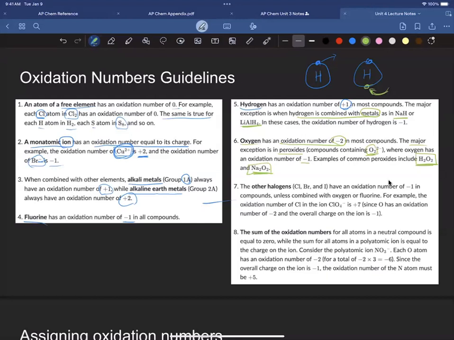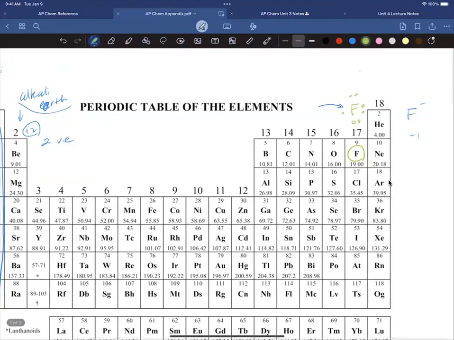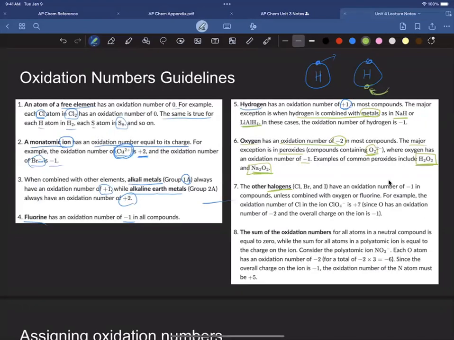Okay, now the other halogens. Halogens are group 17, right? They all have 7 valence electrons. The other halogens have an oxidation number of -1 unless they are combined with oxygen or fluorine. For example, the oxidation number of Cl in the ion ClO4- is +7.